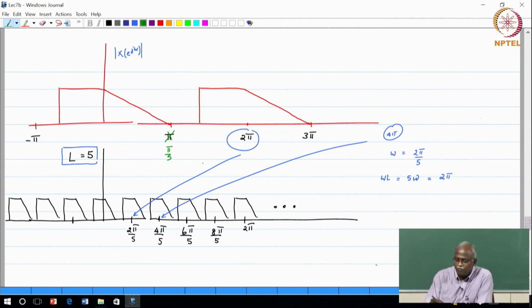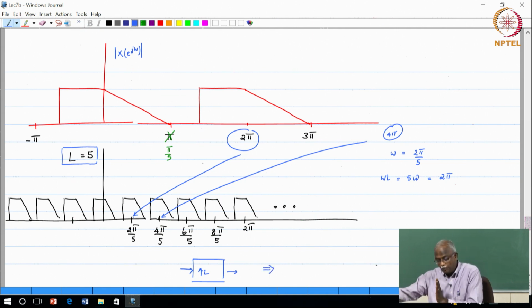Okay. So, observation: if I am doing an upsampling by a factor of L, expansion by a factor of L, this means that the 2 pi is mapped onto 2 pi by L. So, until you get to 2 pi, effectively you will get L minus 1 additional copies of the spectrum.